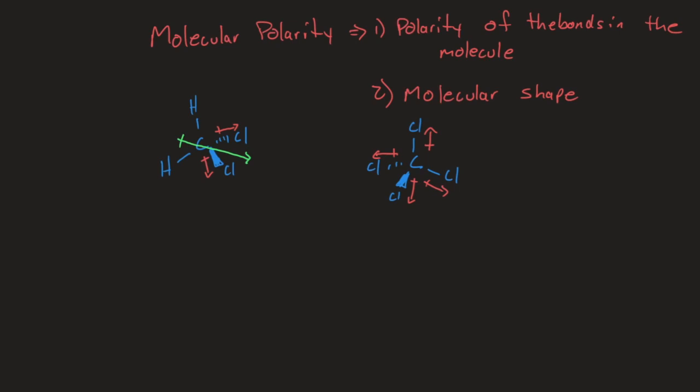But the sum of those arrows, they sort of cancel each other out. They're all playing tug of war with one another, and none of them is winning. And so carbon tetrachloride is a nonpolar molecule, even though it's composed of polar bonds. Whereas dichloromethane is a polar molecule.